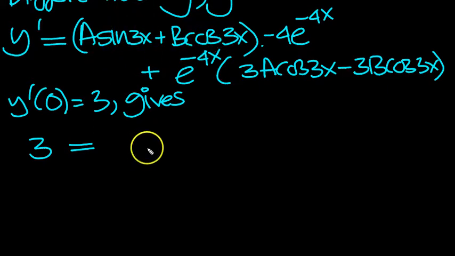Cos naught is 1, so that's b times minus 4 e to the naught, which is 1, so that's okay there then. Plus e to the naught, which is 1, so we've just got this bracketed stuff here, times 1, which is just the object itself.